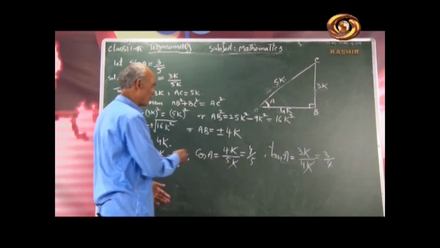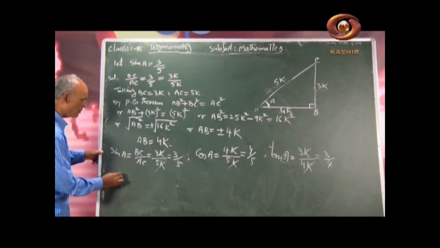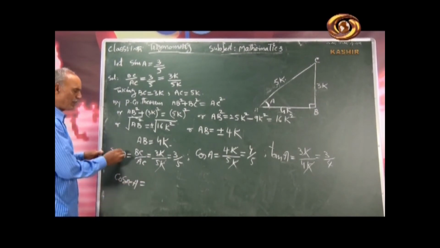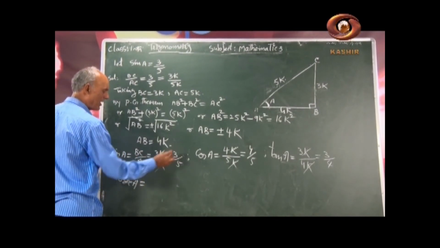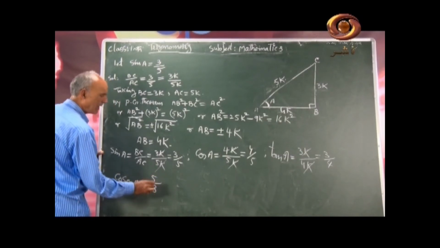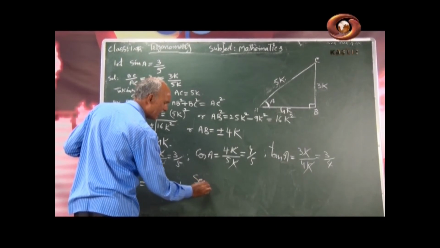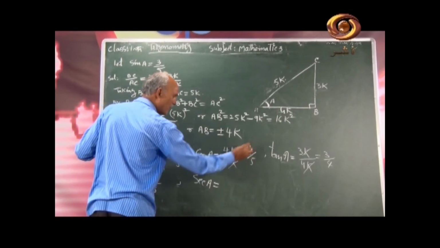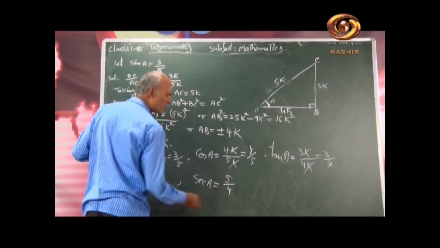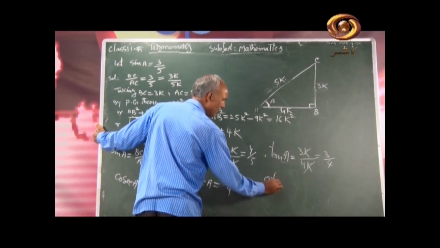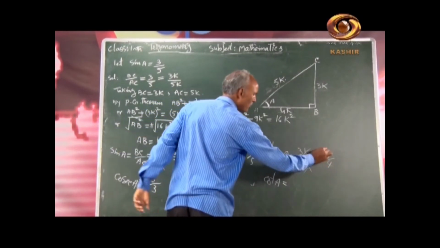Now taking the reciprocals of these, sin का जो reciprocal है that is cosec A simply, and this cosec A will be 5/3, and the reciprocal of cos A is sec A, we can take 5/4 because they are reciprocals of each other, and reciprocal of tan A is cot A and its value will be 4/3.